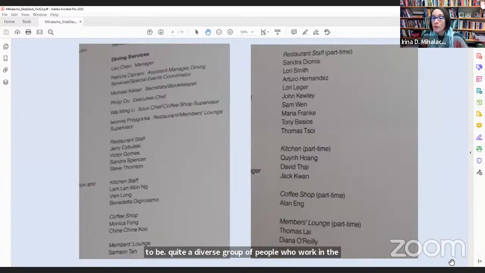We don't know much about what their experiences would have been. We don't know if their experience was one of inclusion rather than just diversity, if there was equity in the kitchen at the time. But there's a very interesting set of interpretations we can make looking at the group of humans who are part of the culinary team.